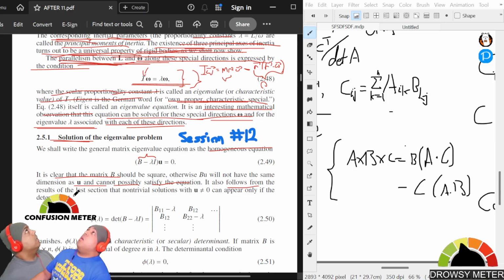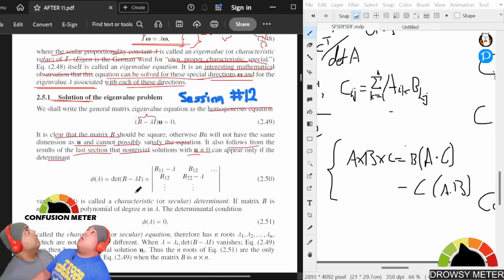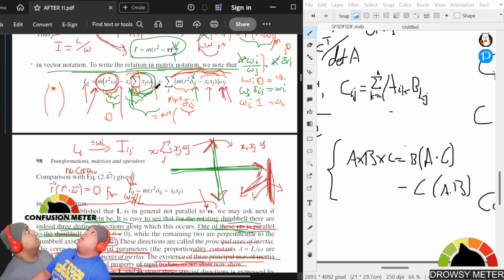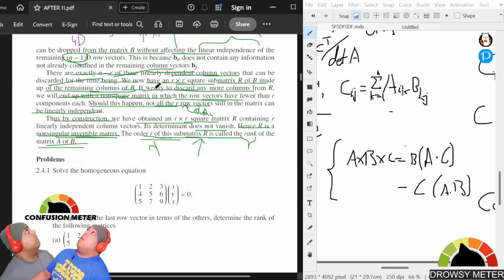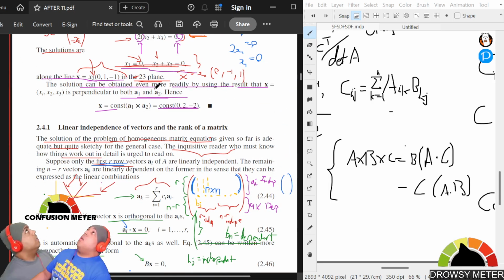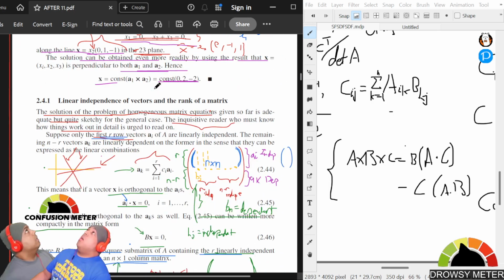It also follows from the results of the last section that non-trivial solutions with U not equal to 0 can only appear if the determinant vanishes. Let's go back up for a little refresher.